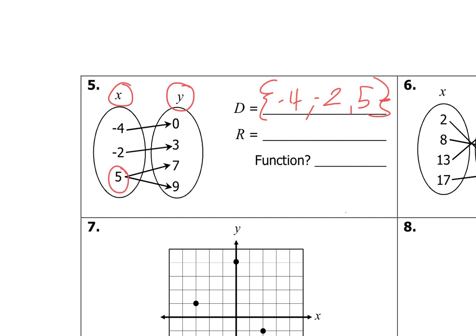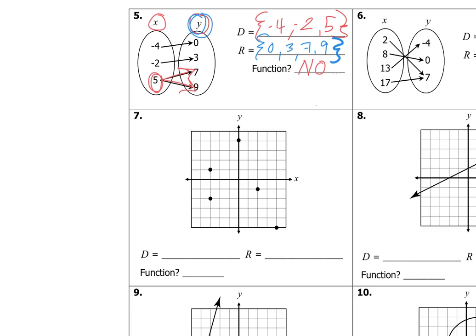But I want you to notice that the 5 is mapped to 2 numbers. So we can already answer the question, is this a function? And that answer is going to be no. In the range for our y values, we have 0, 3, 7, and 9.